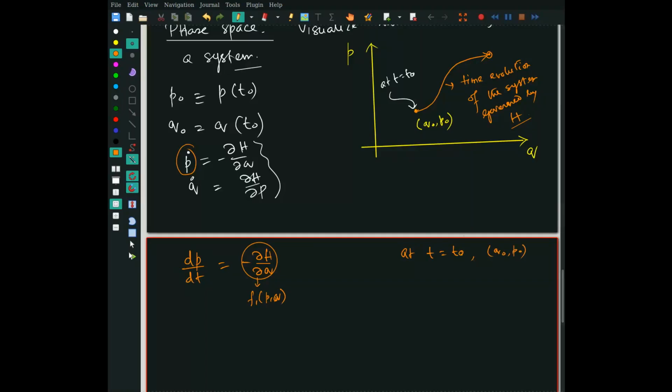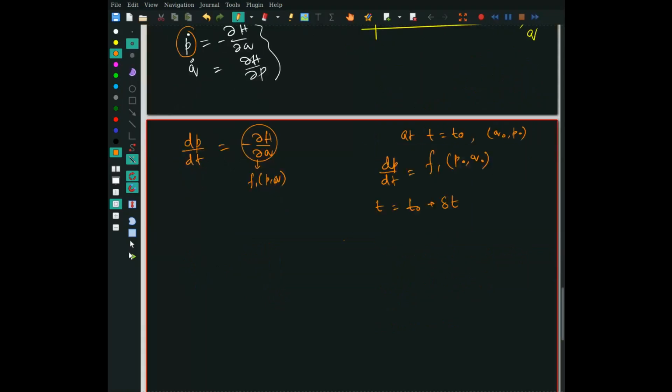So at that instant, dp/dt would be given by f1(p0, q0), right? I just substitute p0, q0 in that. So now at a time t equals t0 plus delta t, what will happen? Delta t is very small. Then my delta p would be f1(p0, q0) times delta t, right?